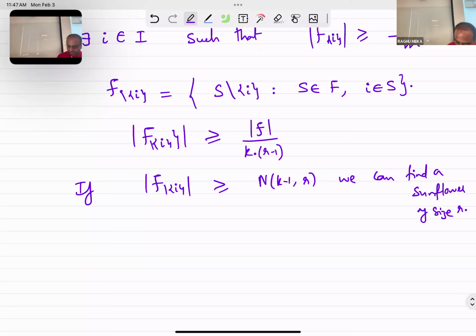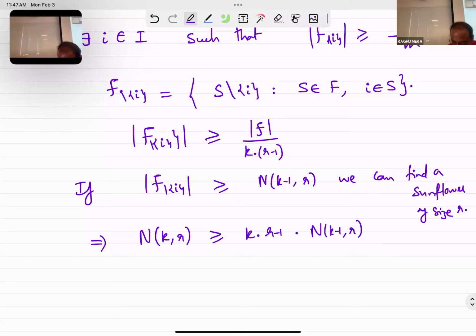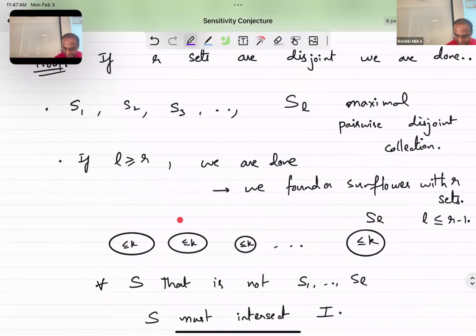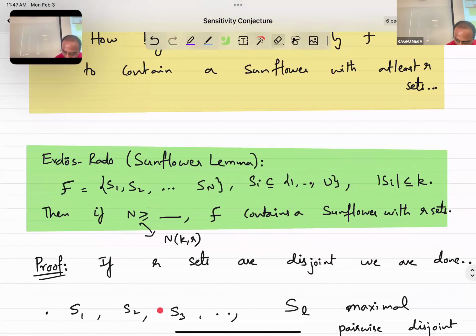So this gives us the recursion: n of k comma r is at most k times r minus 1 times n of k minus 1 comma r. You can solve this, and eventually you just get r minus 1 to the k times k factorial.